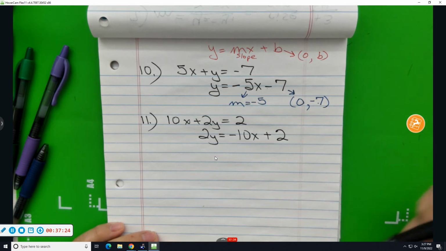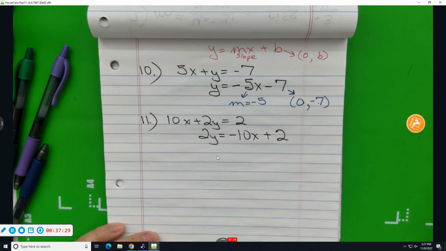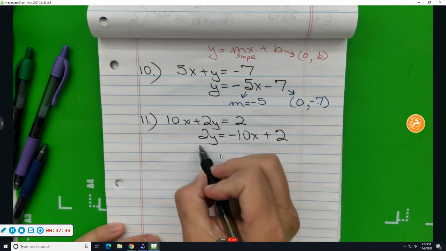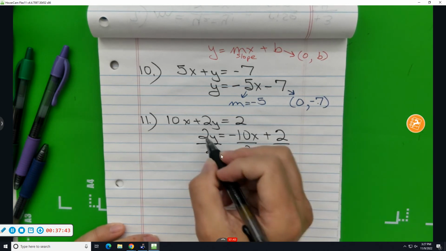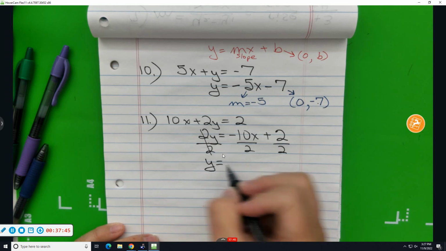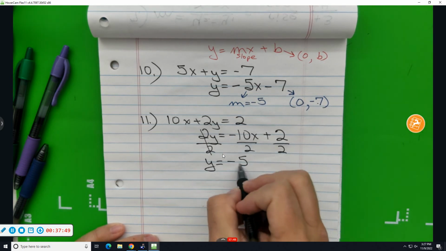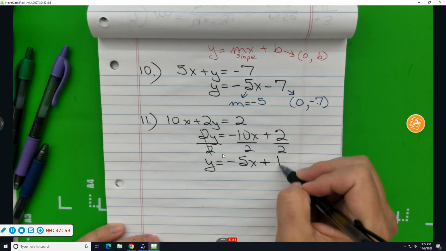I'm putting the x term first because it is standard practice in slope-intercept form to put the x term first. But we haven't solved for y. What do we need to do? I agree, divide by 2 to give us y equals negative 10 divided by 2 is a negative 5, don't forget the x, plus 2 divided by 2 is 1.